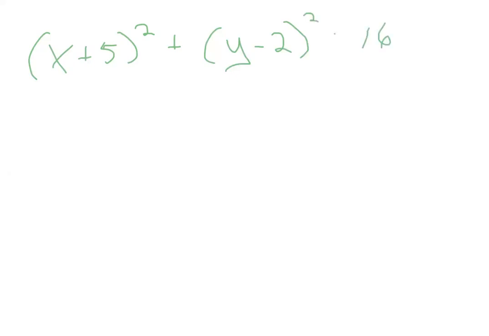We are starting on page 74, that comma up there. And it talks about how to eliminate the parentheses of (x plus 5) squared plus (y minus 2) squared equals 16. Now, I had already talked about standard form being this, or vertex or center form.